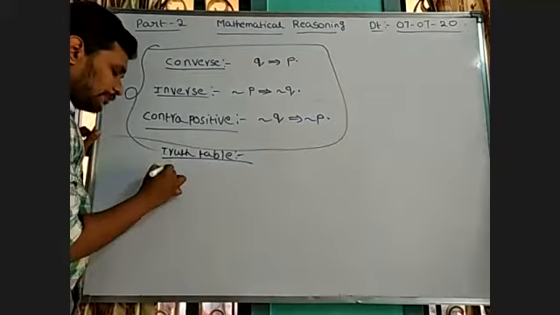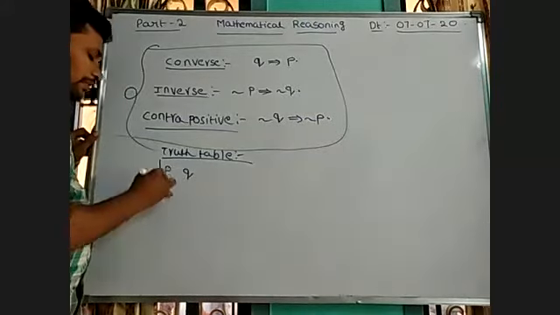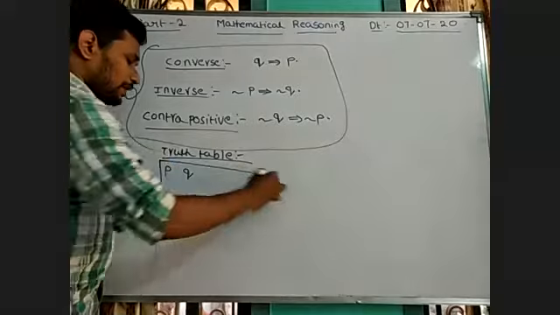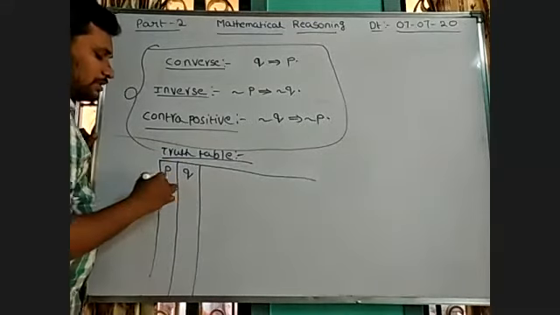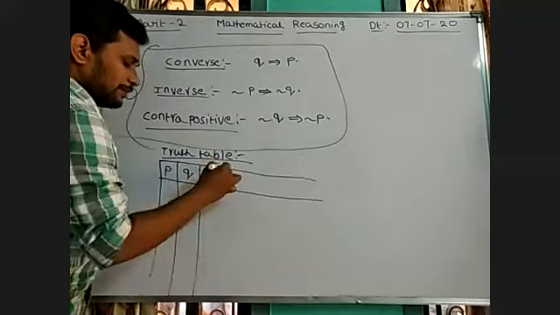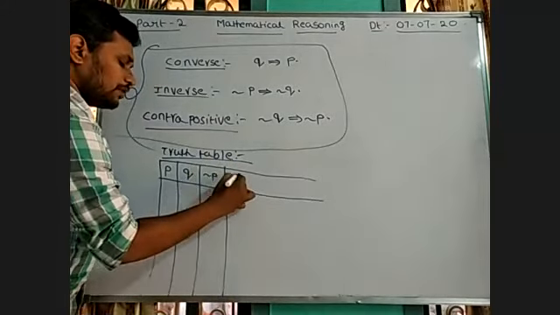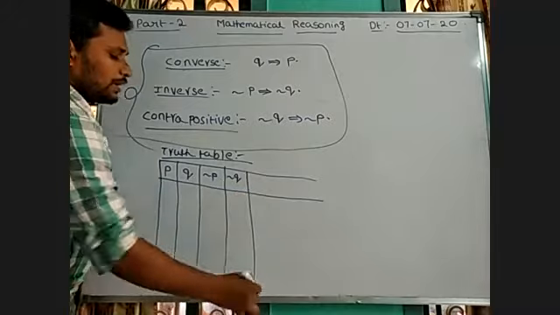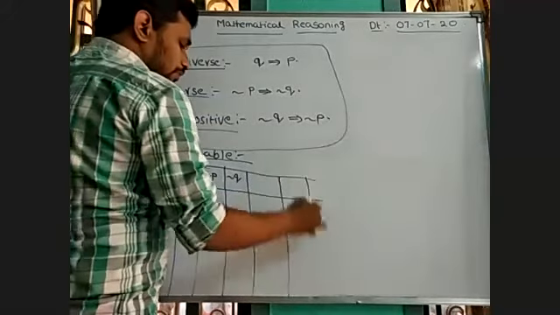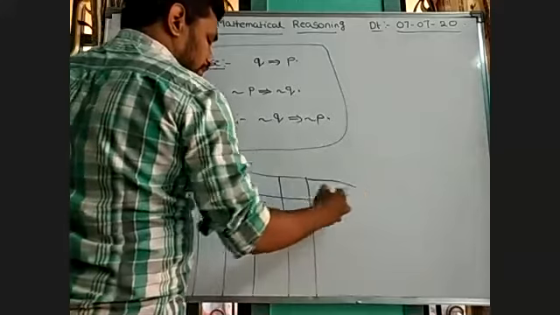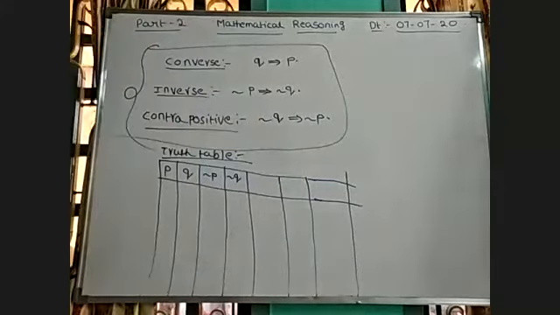First you take P, next you take Q. This is P, this is Q. Next, I'm taking negation of P and negation of Q.